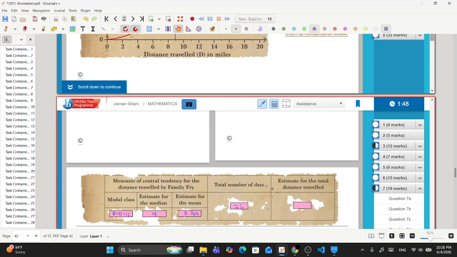Estimate for the total distance traveled. How would you solve this one?